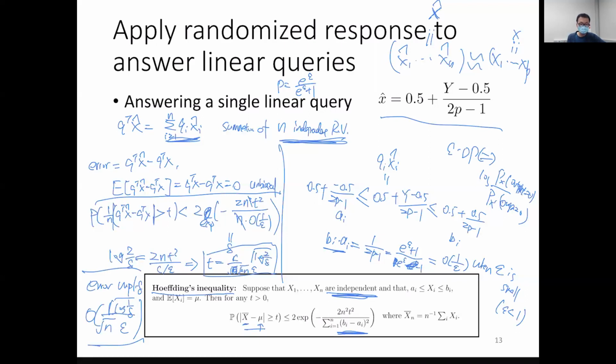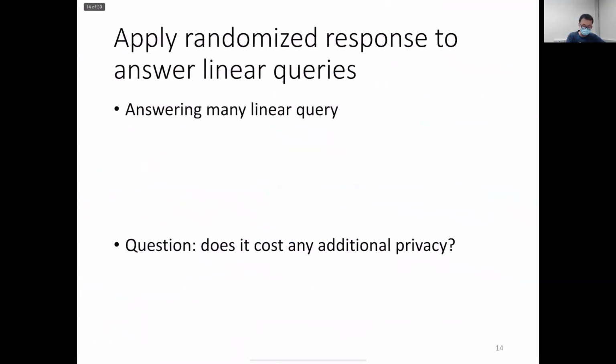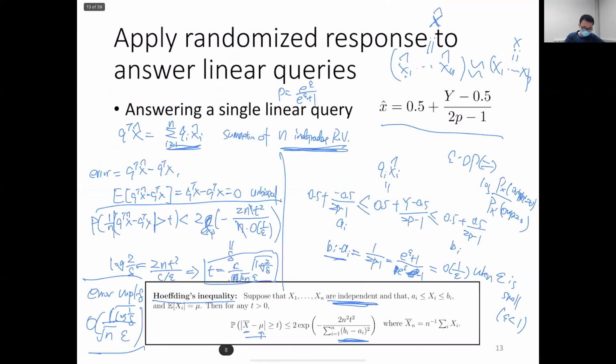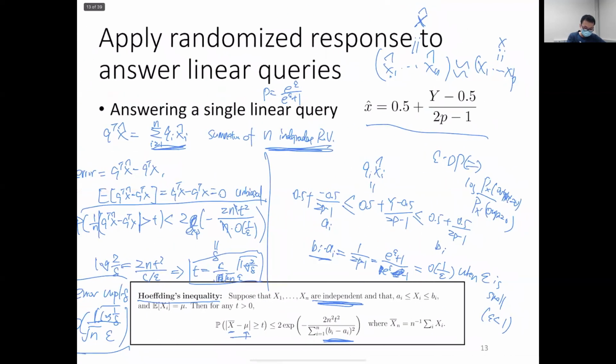So this is for answering a single linear query, and we can make use of exactly the same synthetic data set that we released with x1 to xn hat to privately publish many linear queries with simply a union bound, right? So using the same trick that we've learned before. So let me first copy this bound over.